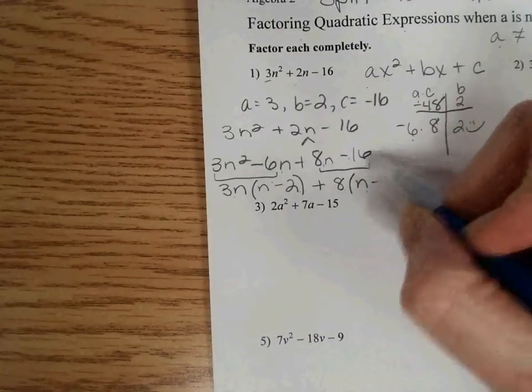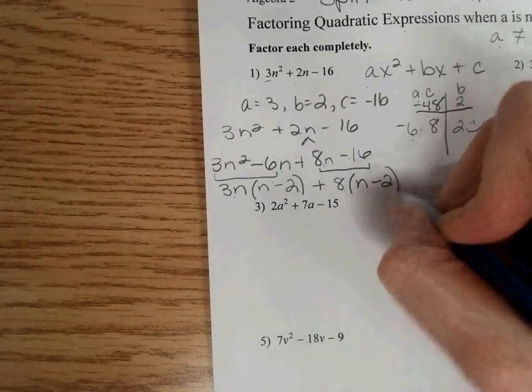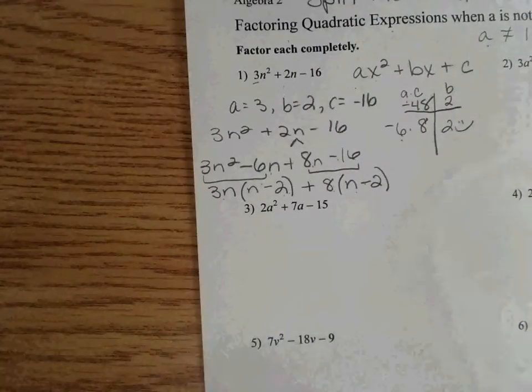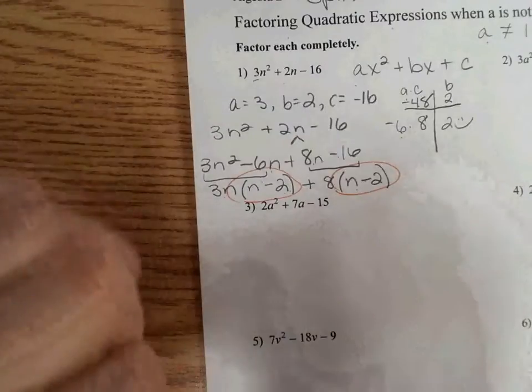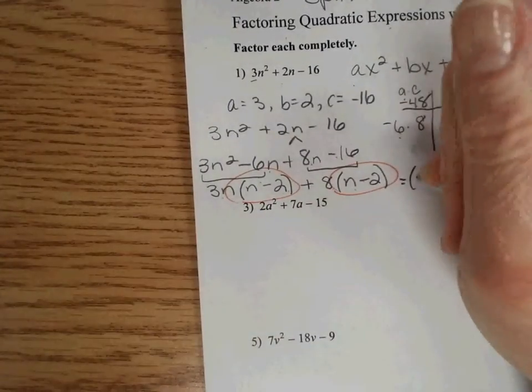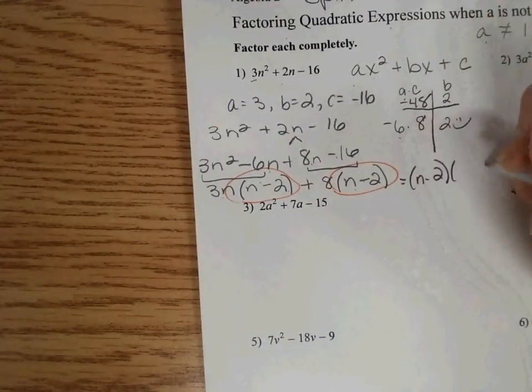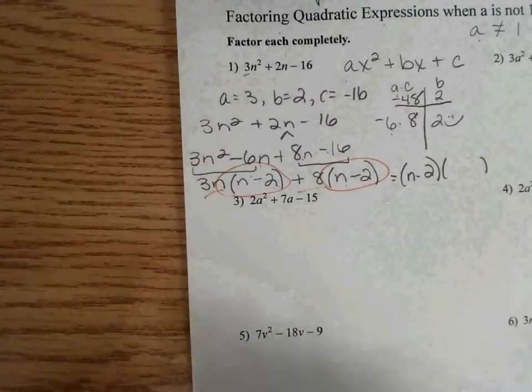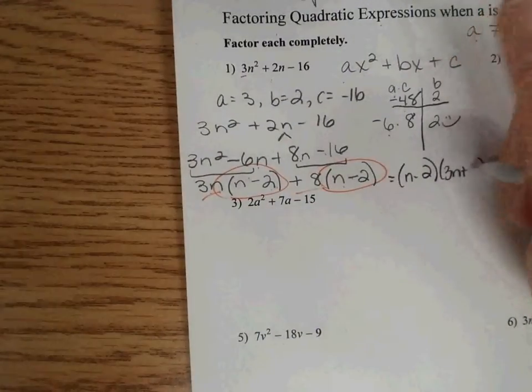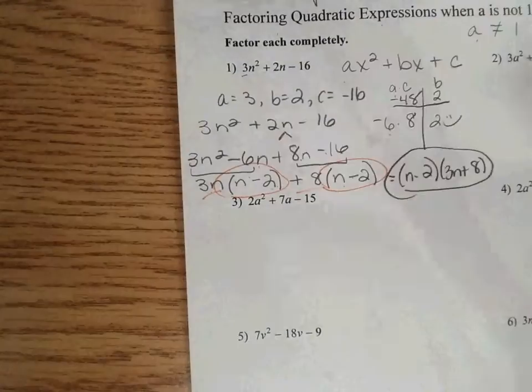Got the minus sign here, and 16 divided by 8 is 2. And now we notice this common factor of n minus 2, which is going to be our first factor, and then our leftovers here, the 3n and the plus 8. And that's our answer.